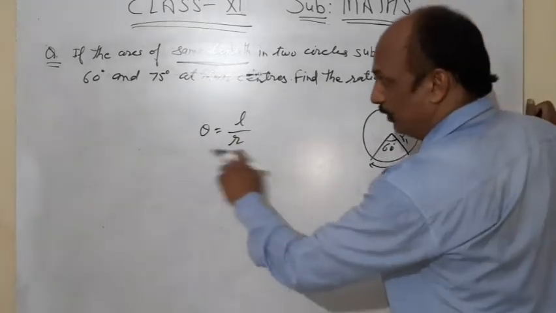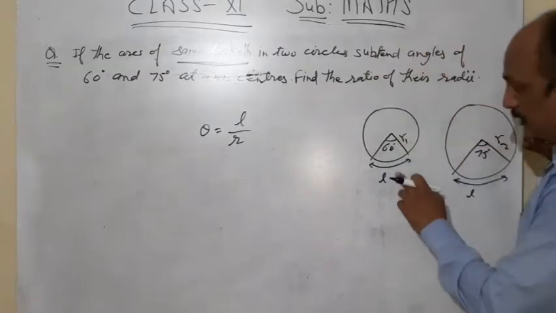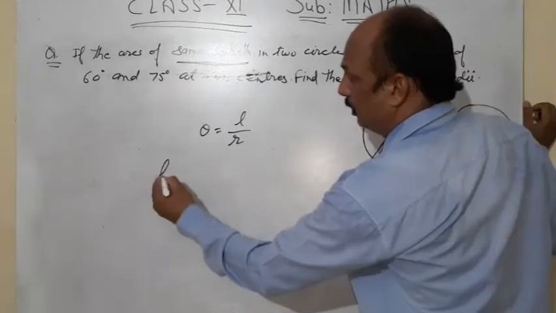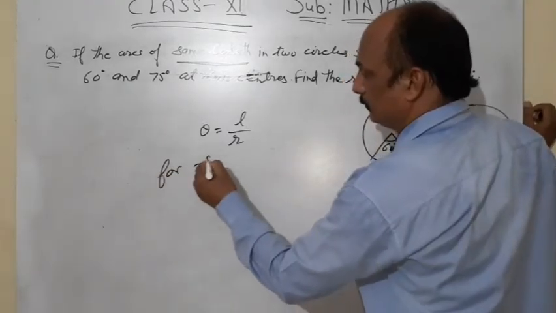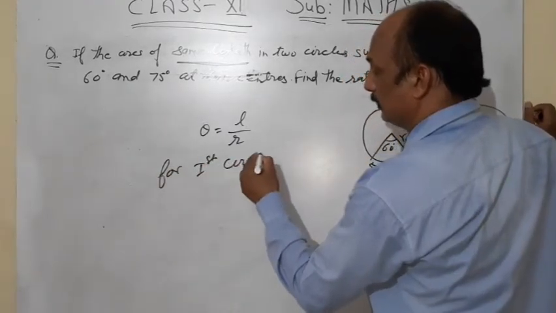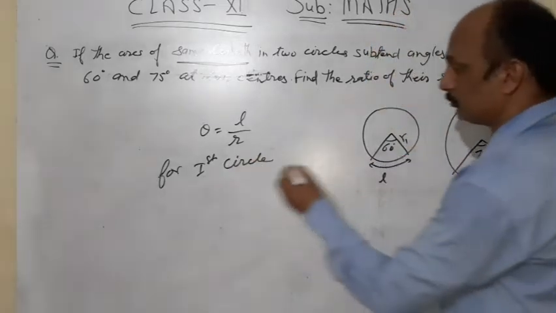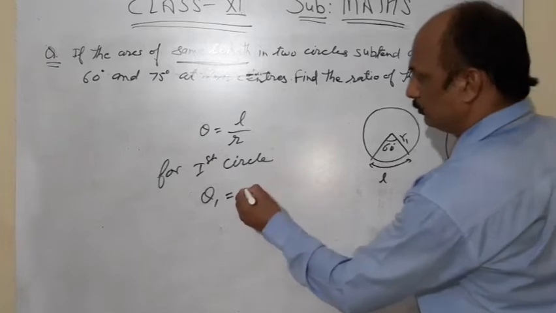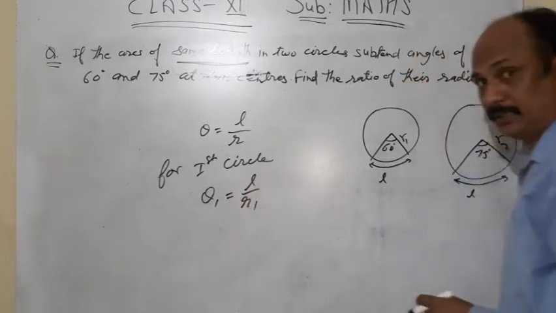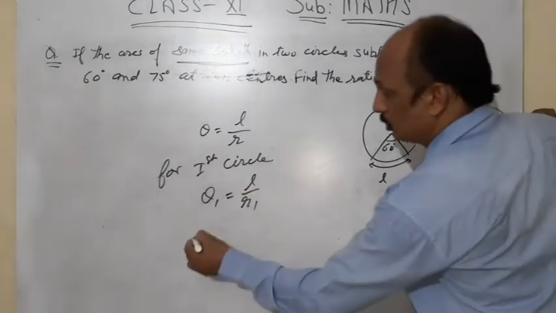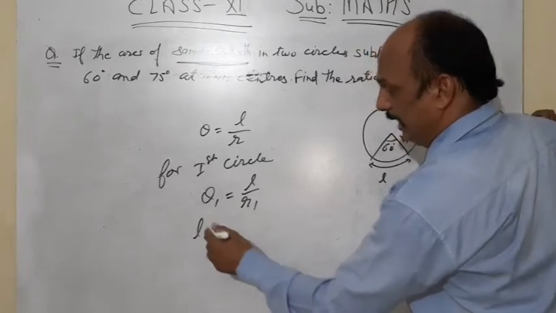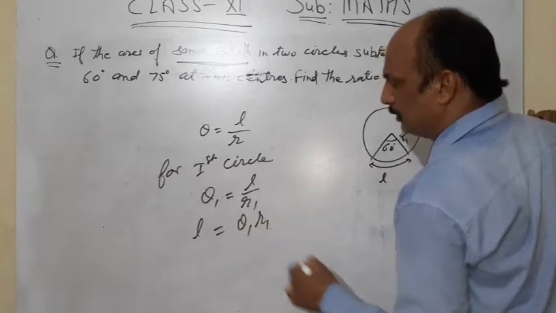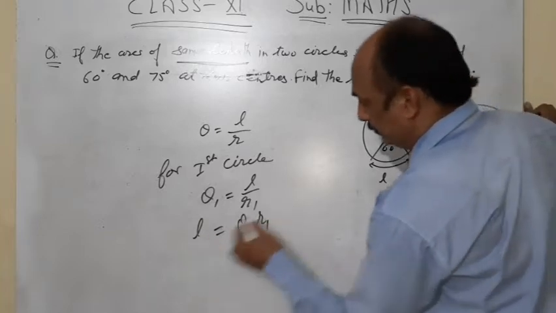So with the help of this formula, for the first circle, theta 1 is equal to L upon R1. So L is equal to theta 1 R1.